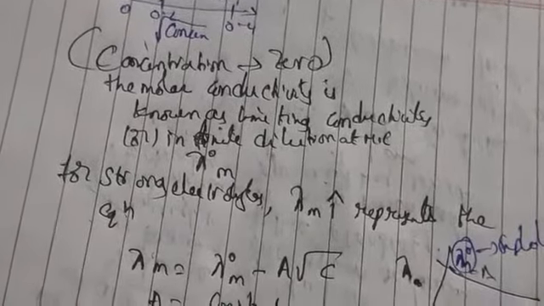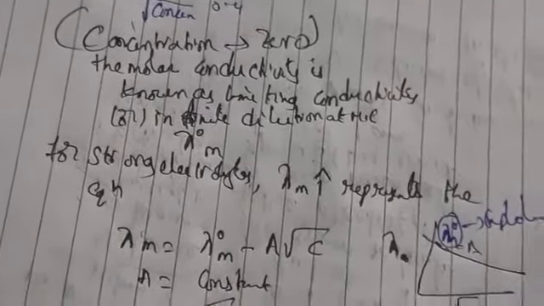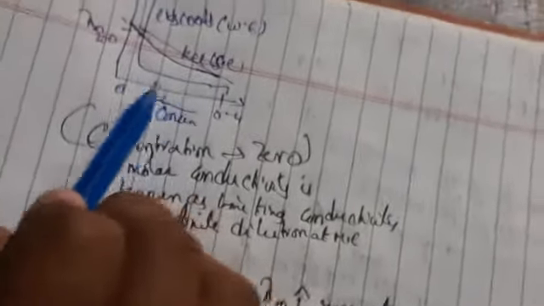The degree of dissociation, alpha, is very low, so very few ions are present. It is not completely ionized, it is partially ionized. Because of this reason it increases for weak electrolytes.